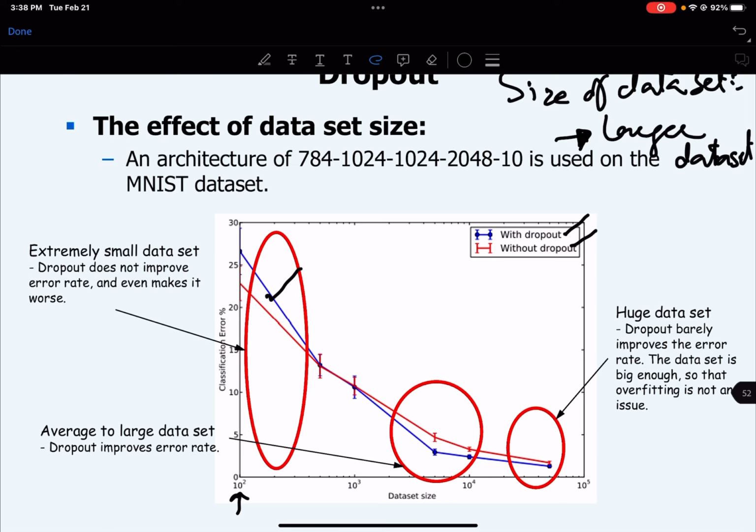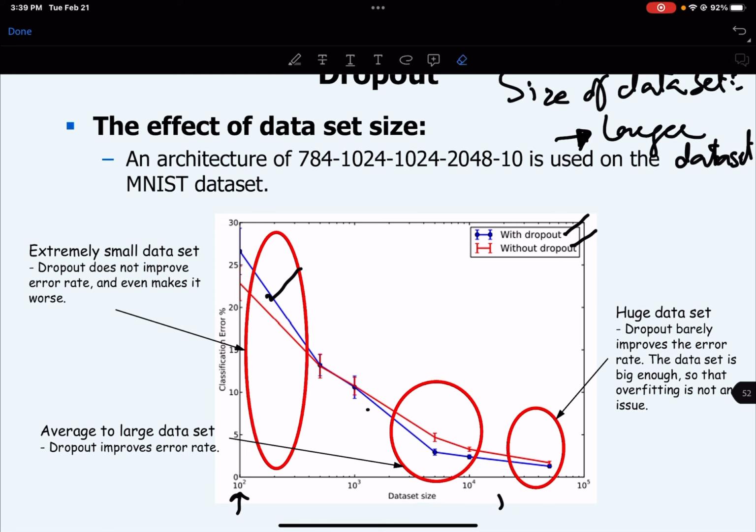And then if we have a larger size of data, we can see here that at these points our blue line is going below the red line. That means that is suitable. So with dropout we should have a lower classification error. That is desirable.